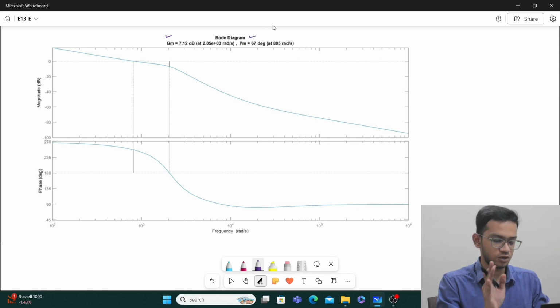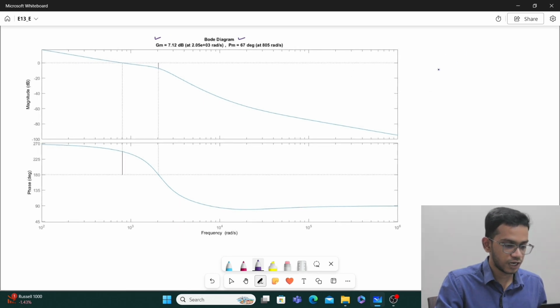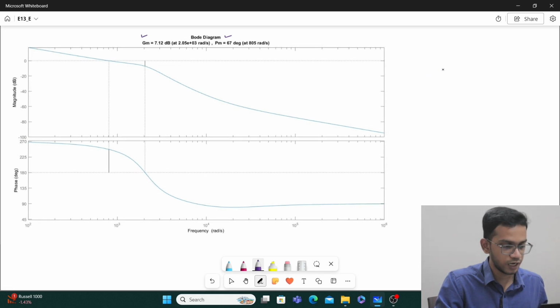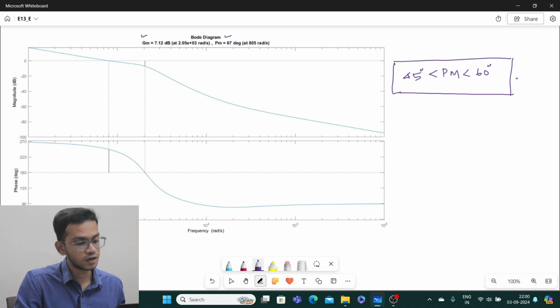Now comes the most important part. For a good system, that is for a well-designed system or a system to be stable in a good way, your phase margin should lie between 60 degree and 45 degree. This is the golden rule for having a stable system. What if it is greater than 60 degree?